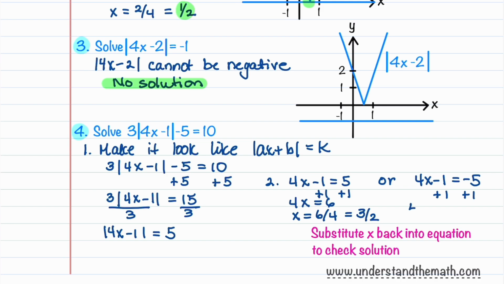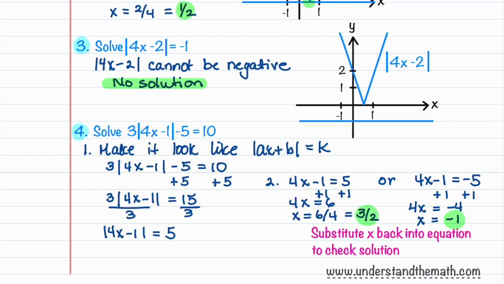So we end up with, we're kind of running out of room here, 4x is equal to minus 4. We're going to divide both sides by 4, and we end up with x is equal to minus 1. Let me go ahead and highlight both of those answers. So our first answer, x is 3/2, and our second answer, x is going to be equal to minus 1.